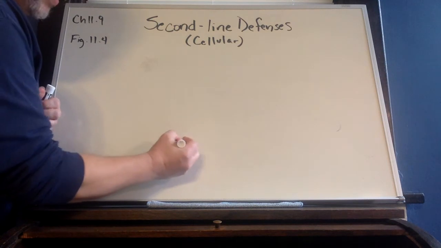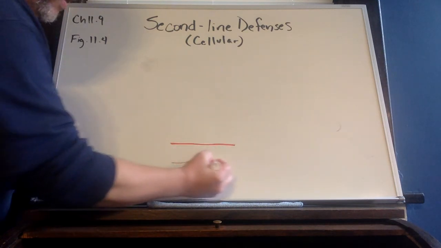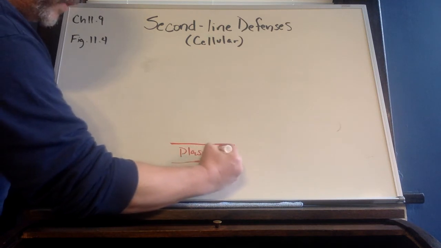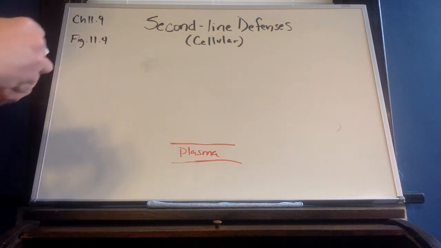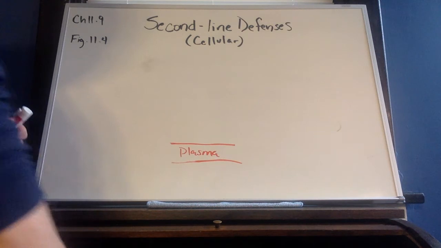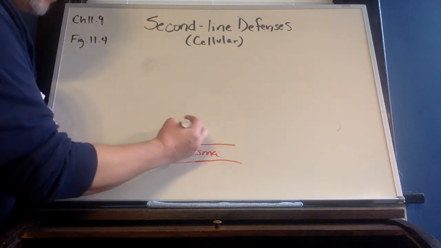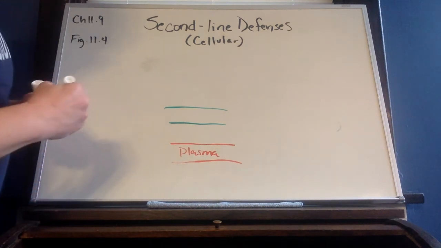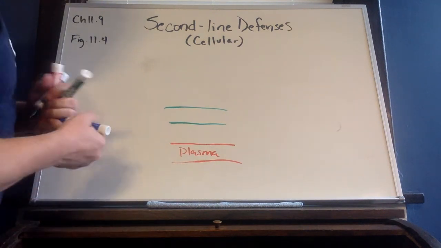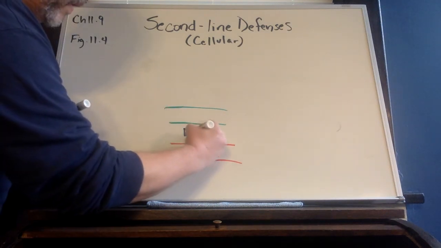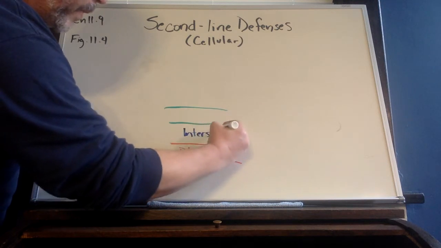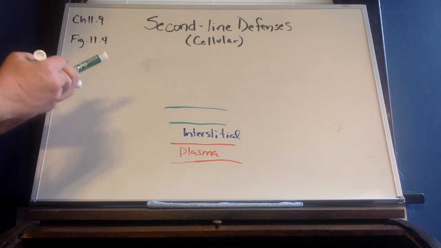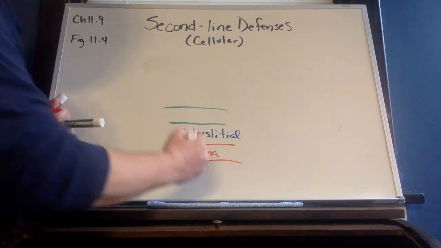So blood, I'm representing with our red here, contains plasma. As the plasma oozes out of the blood vessels, it will then become part of the interstitial fluid. So here my plasma is in my blood vessel.